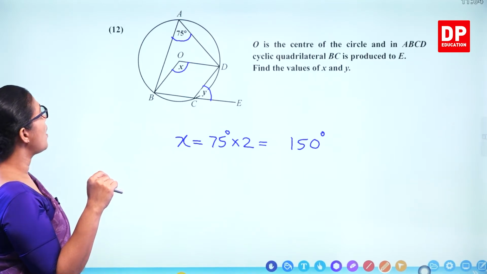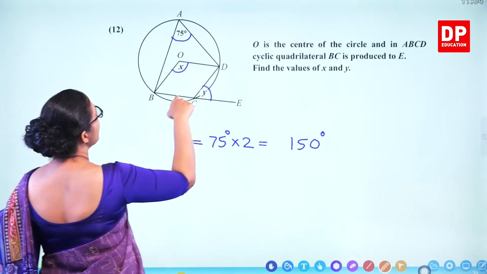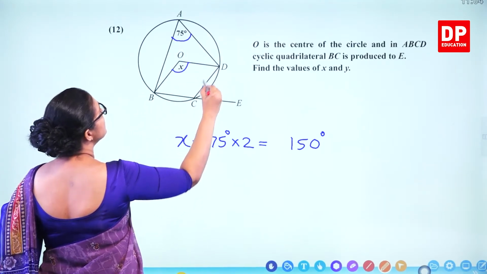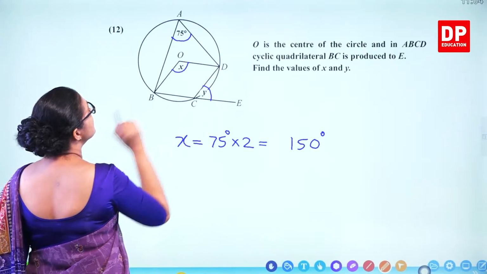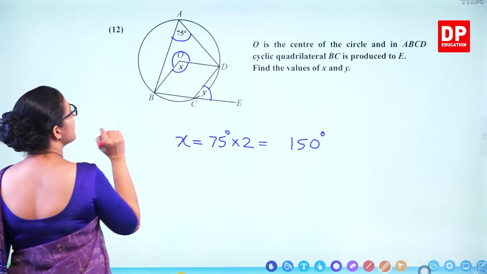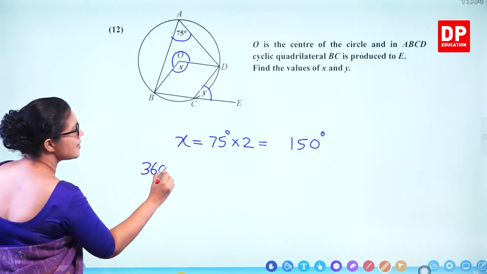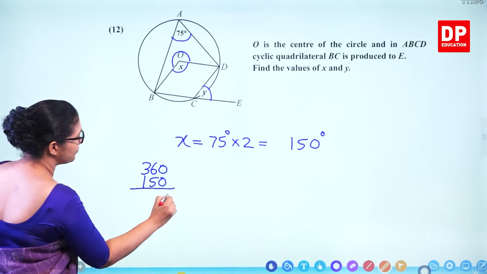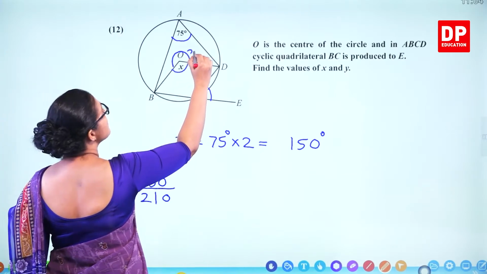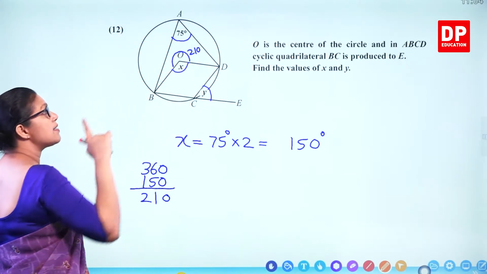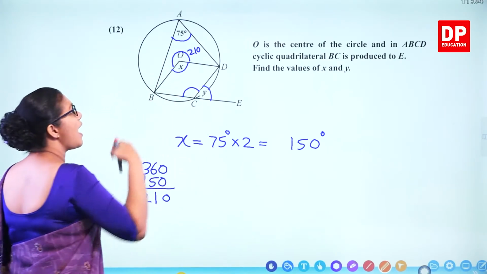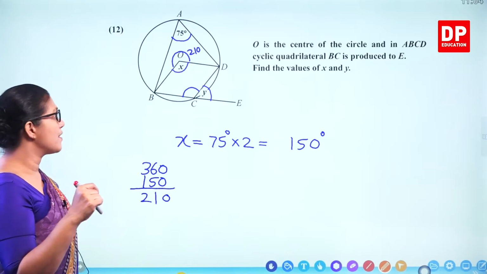What can you say about y? So when you take this angle, 150 is x, what is this angle? 360 minus 150. 210 is this. Now this is the angle subtended at the center. So this angle is the angle subtended on the circumference.